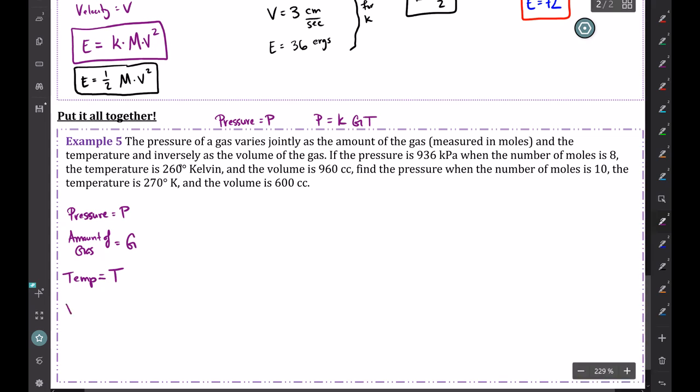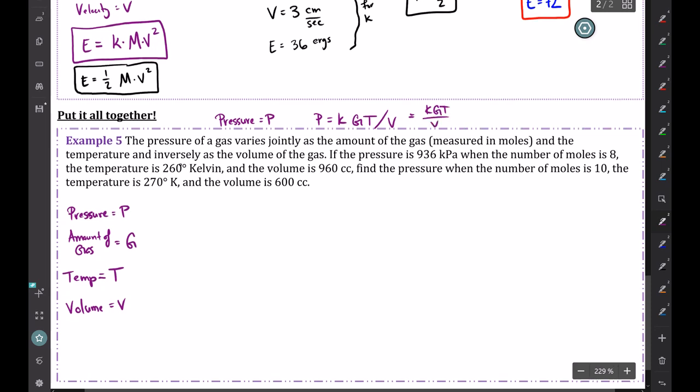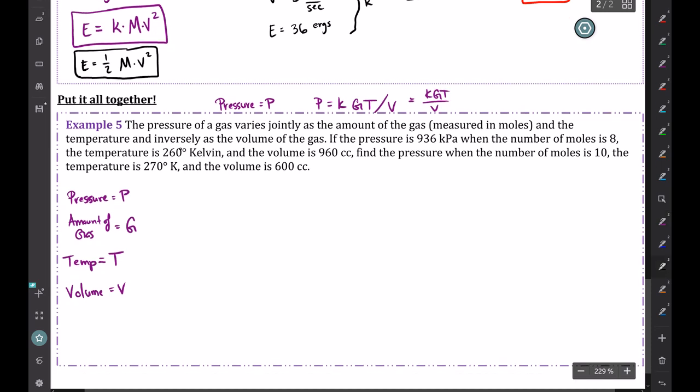We'll let V be volume. So we must have P is KGT divided by V. Or let me write that a little bit nicer. That's P equals KGT all over V. So this is my relationship or my equation. P equals K times G times T, all divided by the volume V.